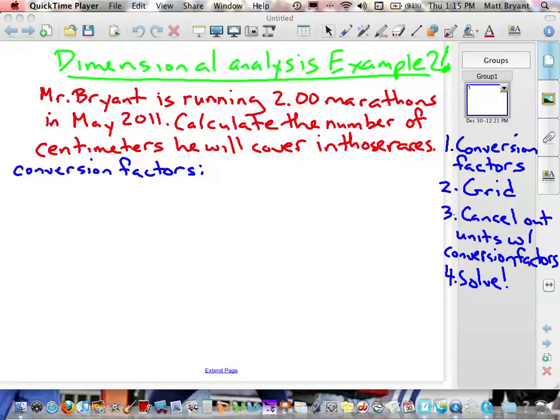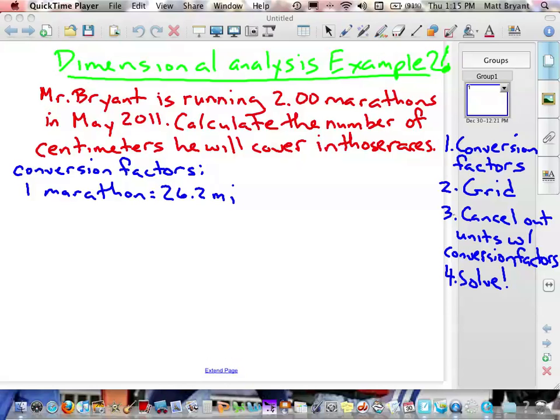So, here we go. Now, the nice thing about some of these dimensional analysis problems that you'll be given is that often you will be given some of the conversion factors. And in this case, I would probably have to tell you, since everyone asks me all the time, that one marathon is equal to 26.2 miles.